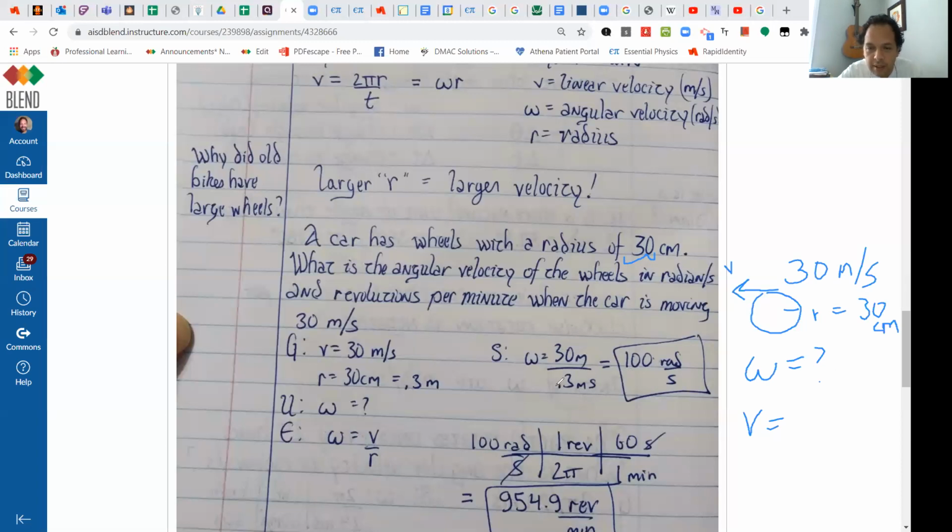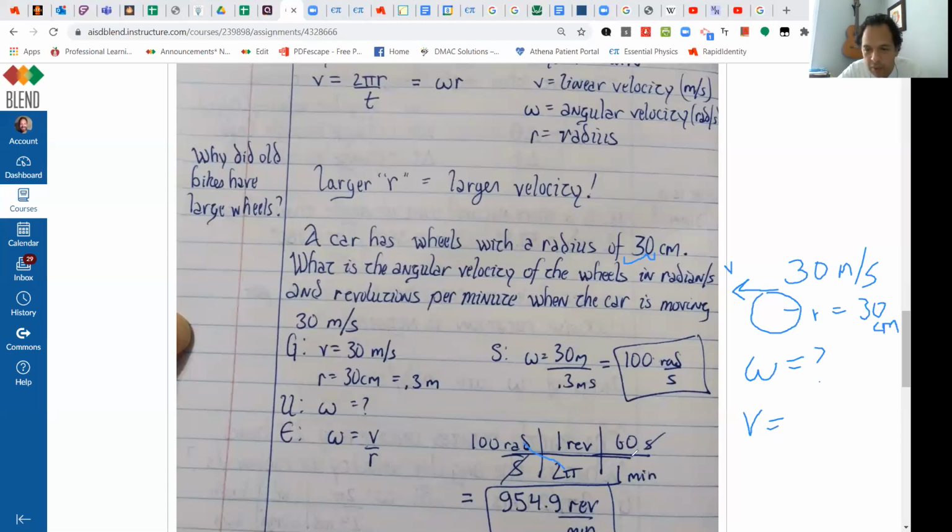That's the angular velocity. But they didn't want radians per second. They wanted revolutions per minute, right? So once we have that 100 radians per second, we say, well, one revolution is how many radians? These two are the same units, right? We know that one revolution is 2 pi. So we put the 2 pi down there, put the one revolution, and then we know that it takes 60 seconds to equal 1 minute.